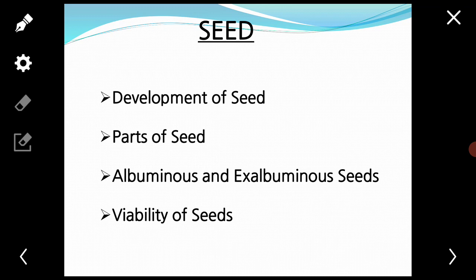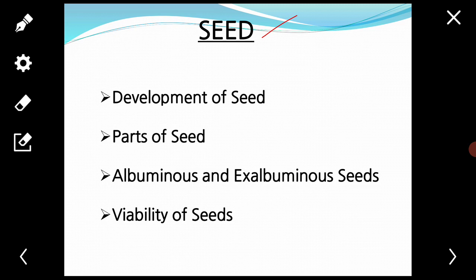Today in the present video we will study the next topic, that is the seed. As you know, a seed is a ripened ovule which contains the embryo, or the miniature of the plant body.